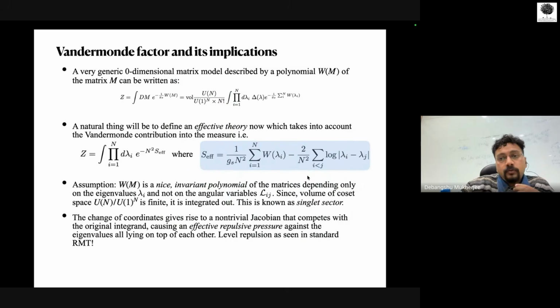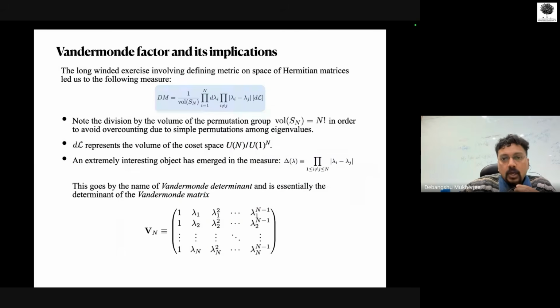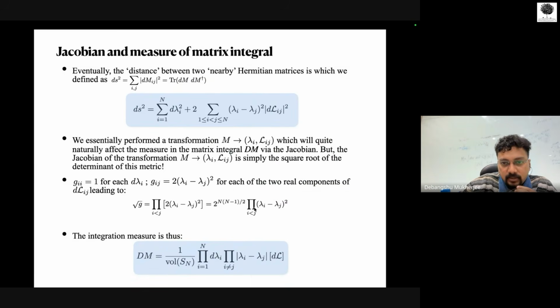By the way, for other matrix models which are not Hermitian, like if you choose a Gaussian orthogonal ensemble, or a Gaussian symplectic ensemble, what is going to change is this factor that you see. In the case of the Gaussian unitary ensemble, since we are dealing with Hermitian matrices, what we saw is basically the square of the difference of the eigenvalues. For orthogonal, this power is going to be 1, and for symplectic, this power is going to be 4.